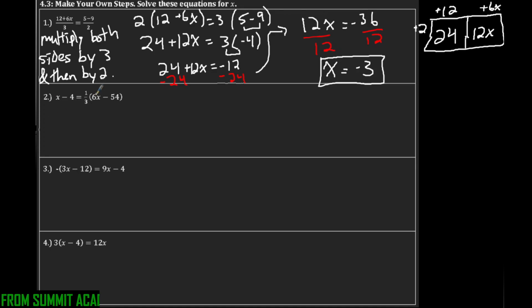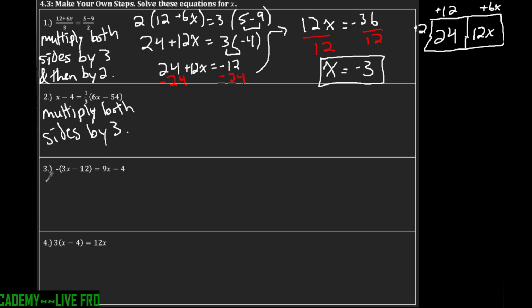All right, for the second one, I will give you the step. It's going to be multiply both sides by 3. So that's going to be your first step for that one.